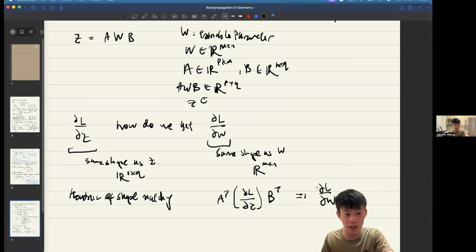Why does this heuristic work? Firstly, it matches the shape. Secondly, you expect this mapping to be a linear mapping. And left multiplication by A transpose and right multiplication by B transpose is precisely a linear transformation.